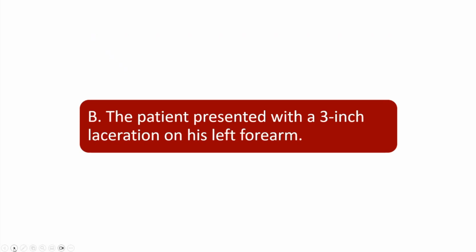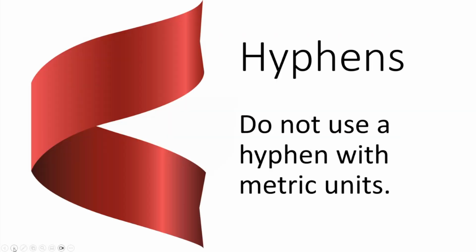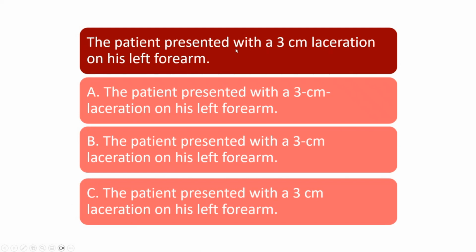All right. Now, there is an exception to that, and we do not use a hyphen even if it fits into the compound modifier rule. If it's a metric unit that's dictated, we do not use a hyphen. So let's test that. The patient presented with a 3-centimeter laceration on his left forearm. What do you guys think is the correct way to punctuate that sentence?